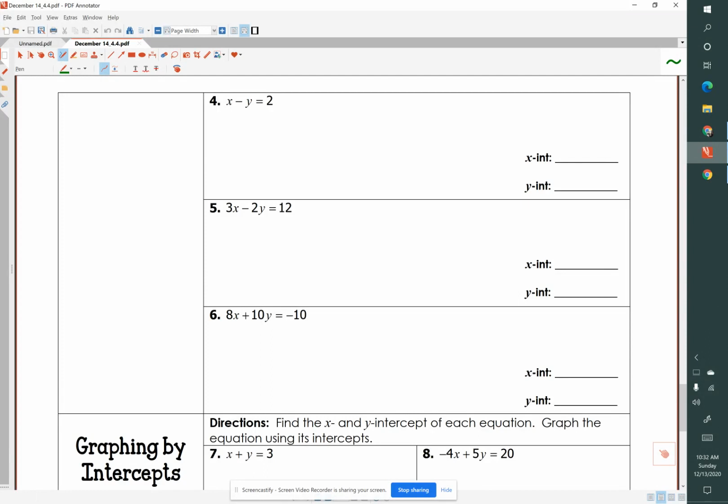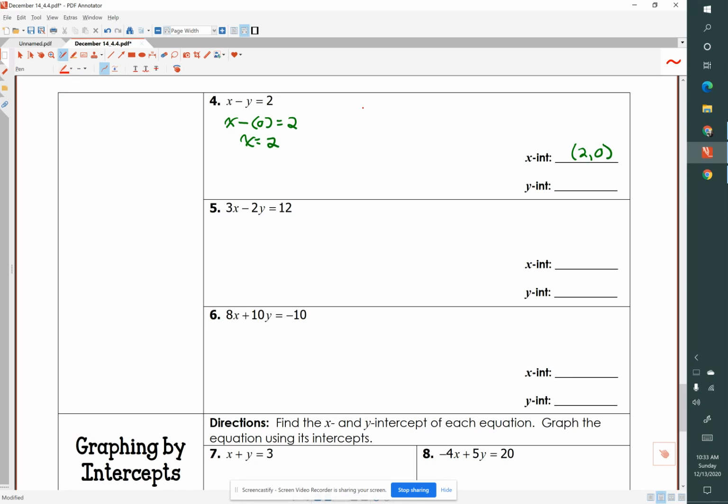I highly recommend you try them on your own and then just use the video to check your work and build those skills. So the x-intercept, first we will set y to 0. So x minus 0 equals 2, and of course x equals 2, so our x-intercept is 2, 0.